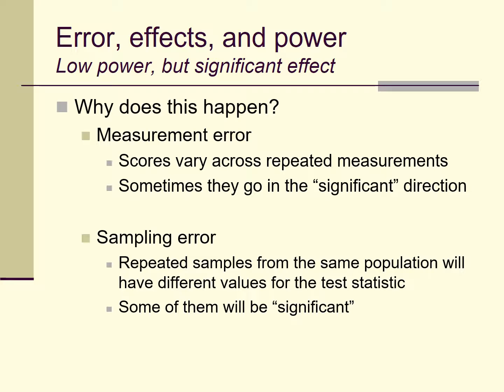If you were to repeatedly sample from a population and calculate a statistic, you would have a sampling distribution for that statistic. Sometimes the values would be rather high, sometimes rather low. Hopefully, if your sample sizes are big enough, they'll tend to clump in the middle and the overall distribution will look normal in shape. But the fact is, the values will vary, and this is sometimes called sampling error.